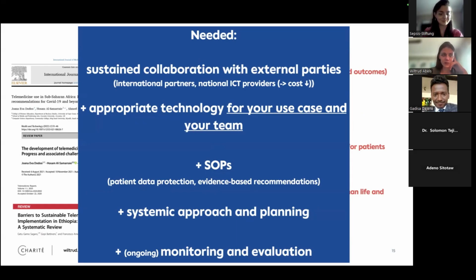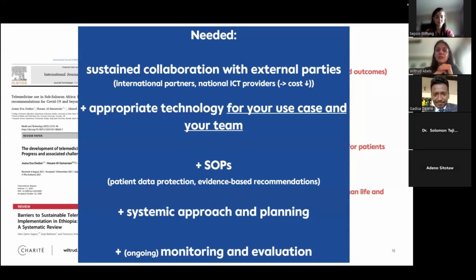What we need to overcome these barriers and to build a successful telemedicine approach is usually sustained collaboration with external parties. This can be international partners who have experience in introducing telemedicine, but this can also be specific information communication technology providers that operate nationally, which also has the advantage of bringing costs down.